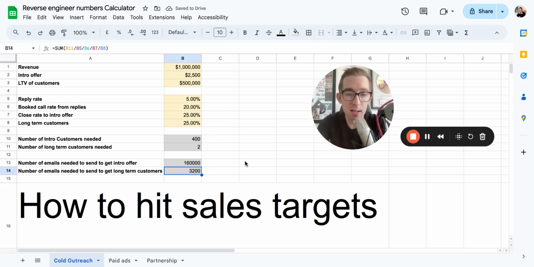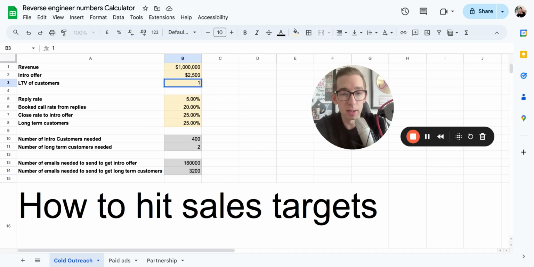Then I only need to send 3,200 emails because I'd only need 2 customers out of those 3,200. So if you look at the number of people that we're sending to versus the number of people that we're getting, there's a big difference there. You've only got to send to 3,200 people. That's a very small amount if your lifetime customer value is like 500,000.